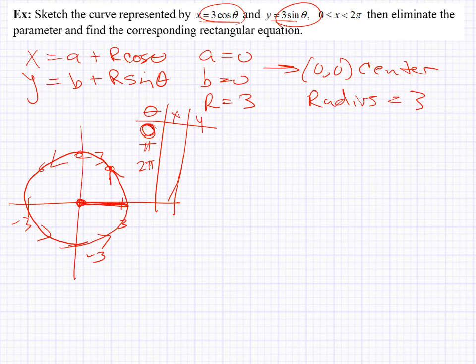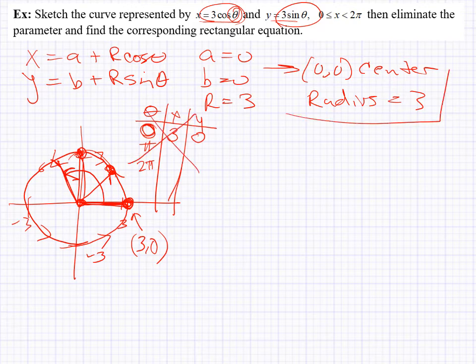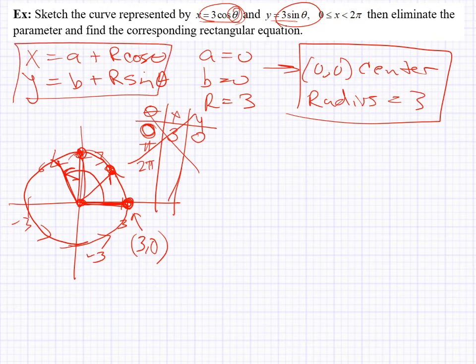The point we would get for that angle would be, if you plug 0 in, you get cosine of 0, which is 1, so times 3, and sine of 0, which is 0, times 3, and you get the point 3, 0, which is exactly this point right here, 3, 0. Okay? And we could keep doing this, and we could get this point, and this point, and this point for these different angles that are rotating around that these points are dependent on. This is enough that we can draw the graph of this circle pretty easily, knowing the standard set of parametric equations that would give us a circle.